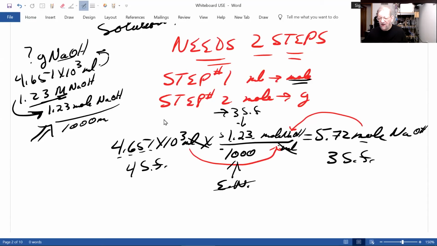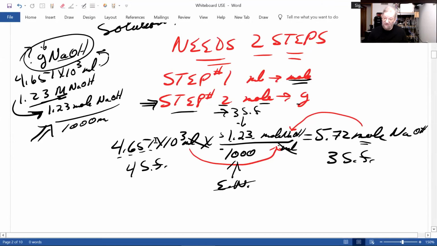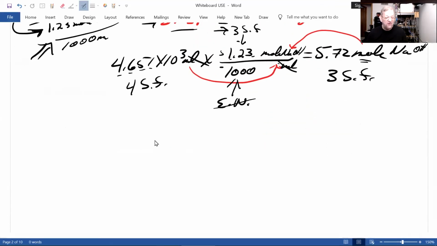Are we done? No, we have moles of sodium hydroxide. We're trying to get to grams of sodium hydroxide. So now I have to do step number 2, moles to grams, which you learned hopefully for test number 2.